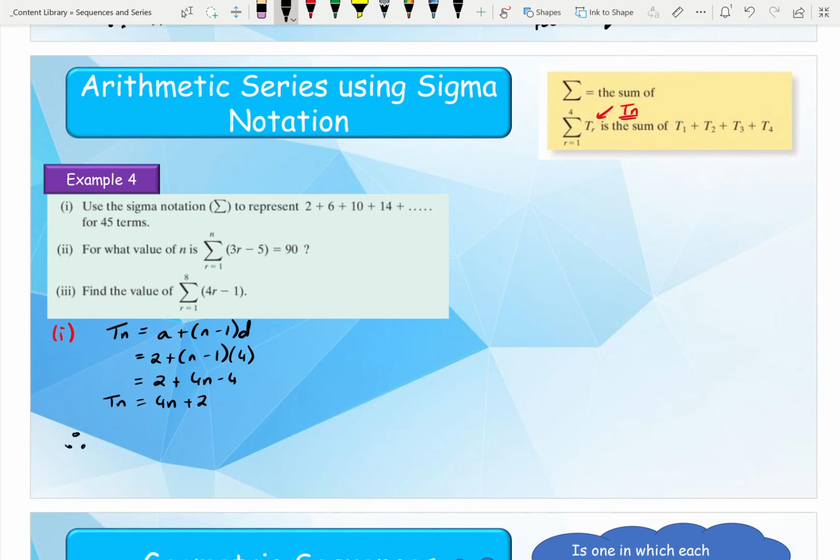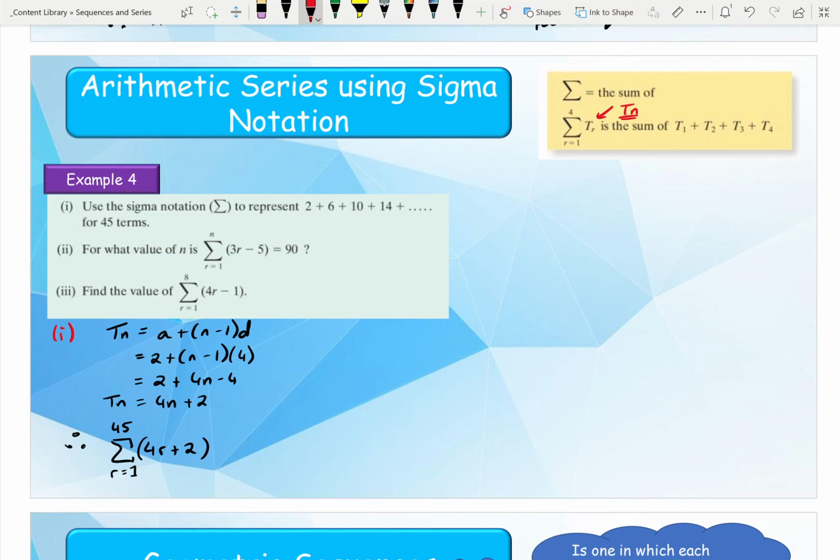So that means the sum of the first 45 terms would be sigma with 45 on top and r is equal to 1 to show we're starting at term 1, 4r minus 2. And that's simply how we would write to find the sum of the first 45 terms using sigma notation.